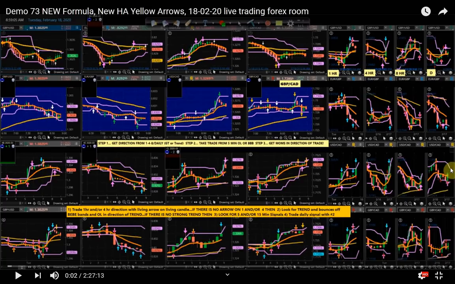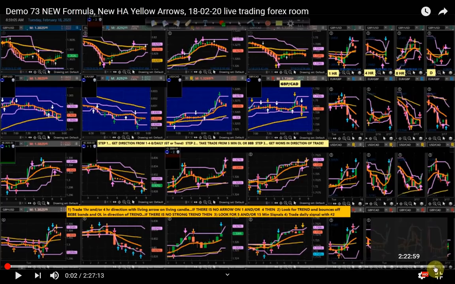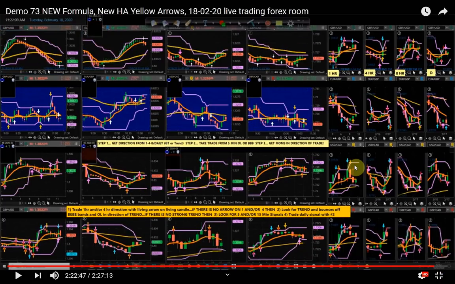Possibly could go further, but tomorrow my bias, if this comes up here, would be down to the orange line. Yeah, it's already coming back, and it came back from the 8 hour BB band.